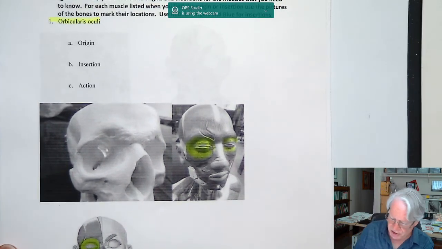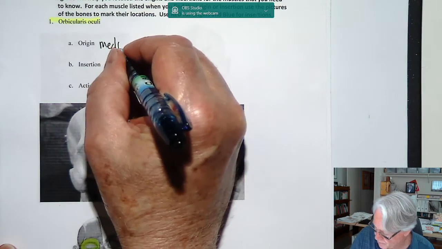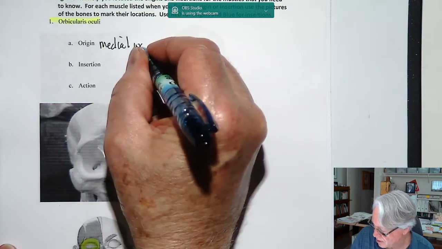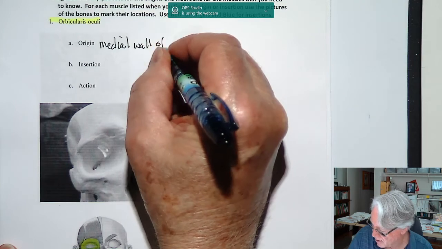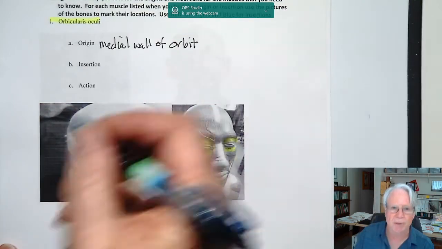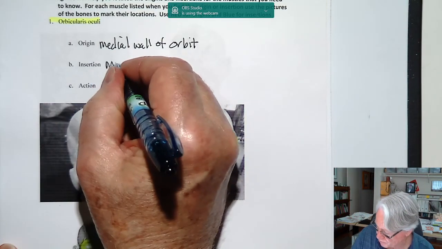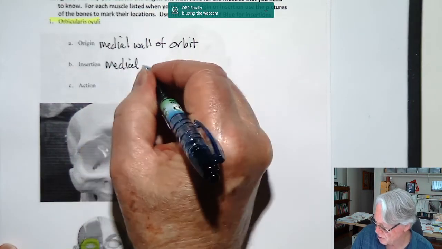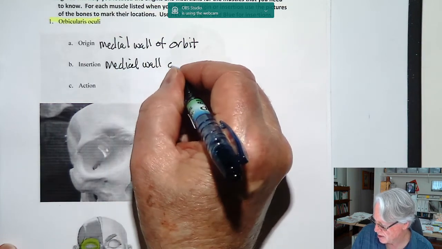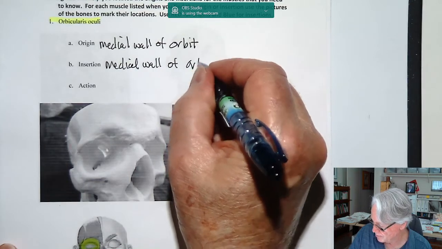So origin is going to be the medial wall of orbit. Insertion will be the medial wall of orbit.